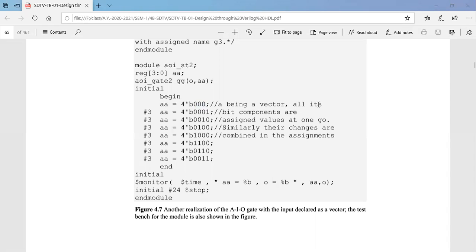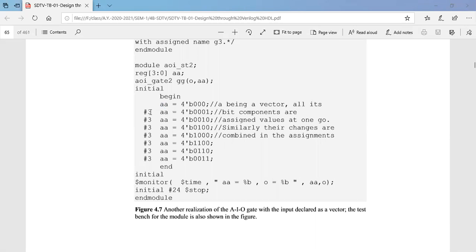A being a vector, all its bit components are assigned values in one go. Okay, that means we are giving the values at different points of time. So in the initial stage, AA, which is a register of 4 bits, we are giving as binary, initially 4 zeros only.